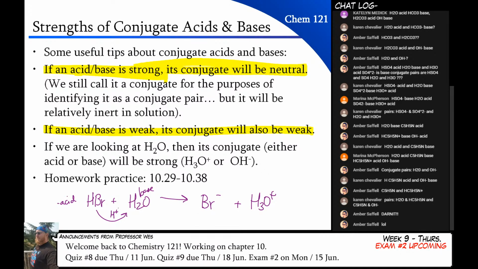We would still say that this would then act as a base, even though it's actually neutral. And this is our acid. Because in order to get the reverse reaction, that's what's got to happen. And then when we look at conjugates, the conjugate of a strong acid is neutral.